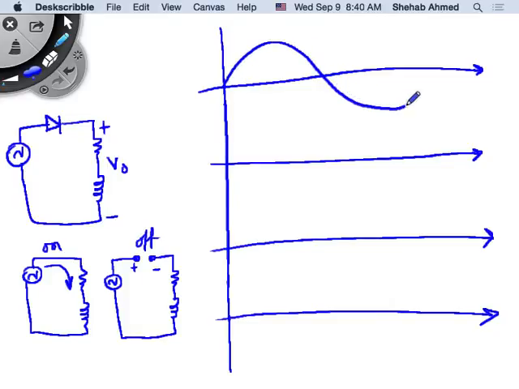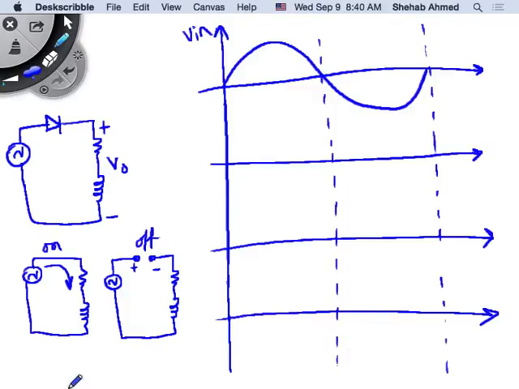So you still have your same input voltage here. Okay, so what does my output voltage look like?